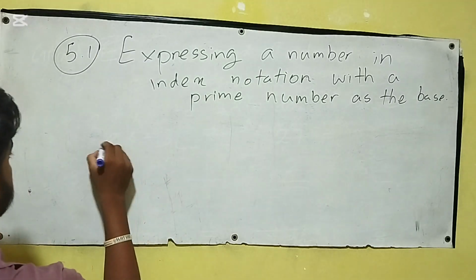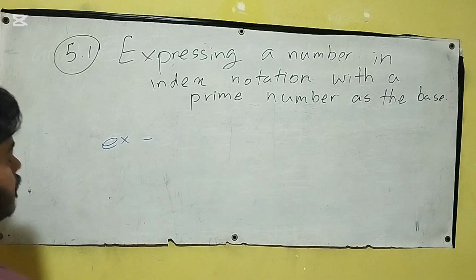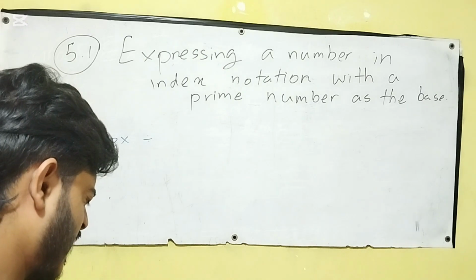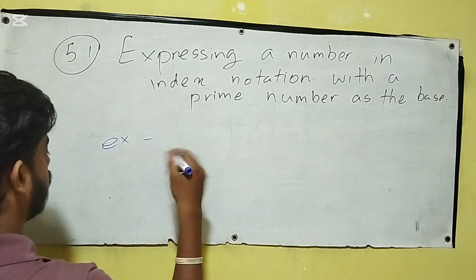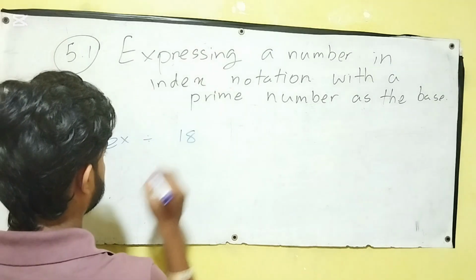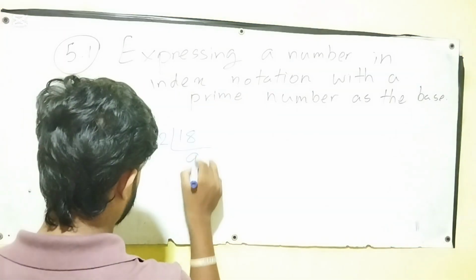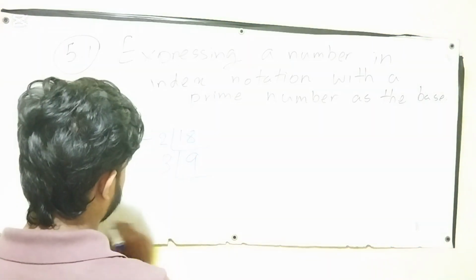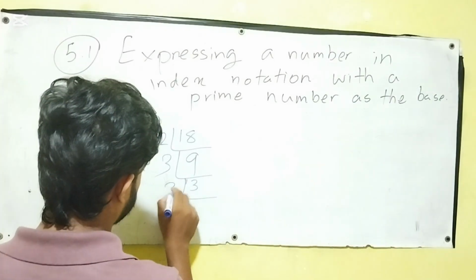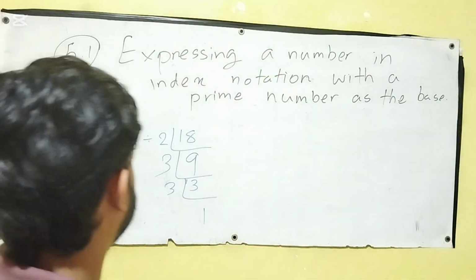Just think of the example 18. Divided by 2. 9 divided by 3. 3 divided by 3. What happened?